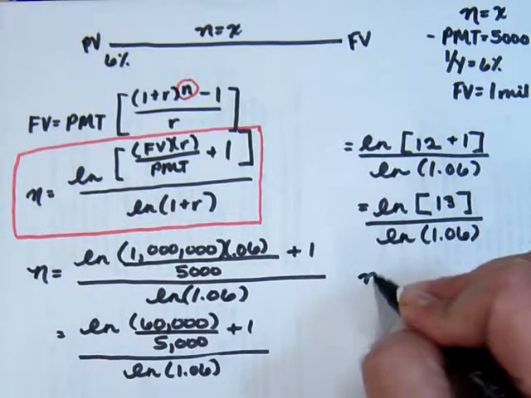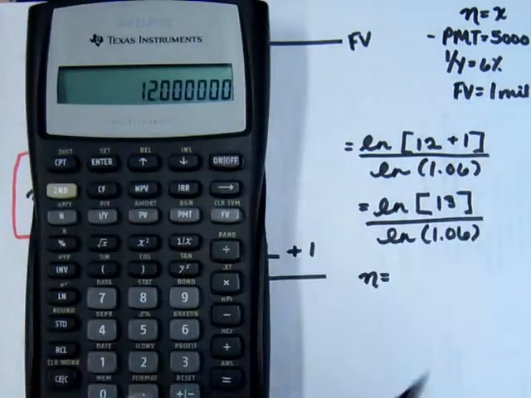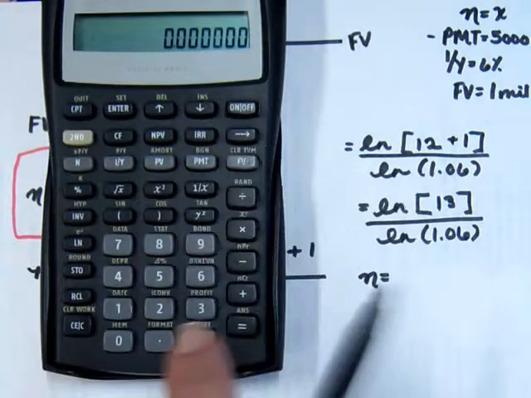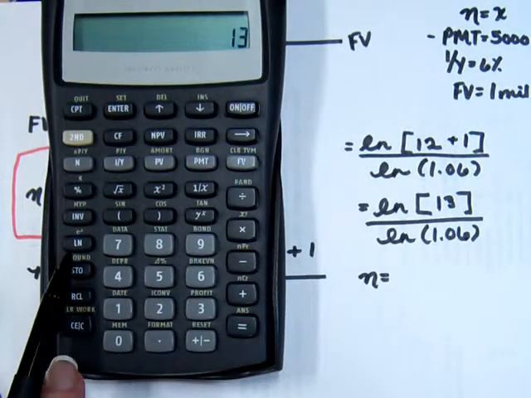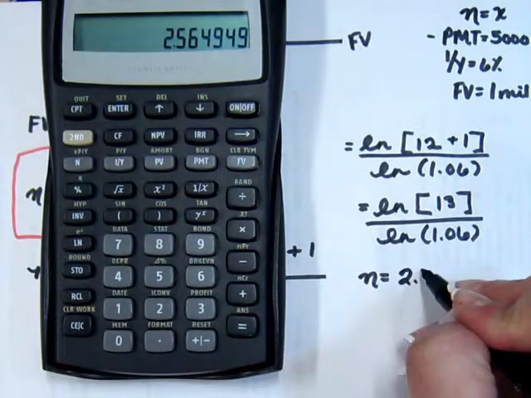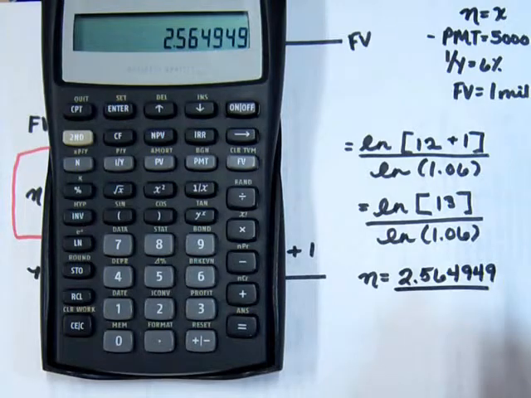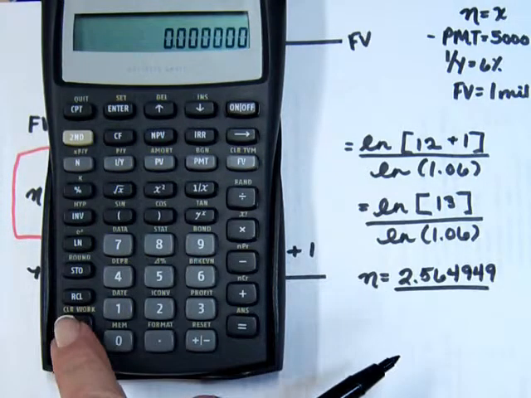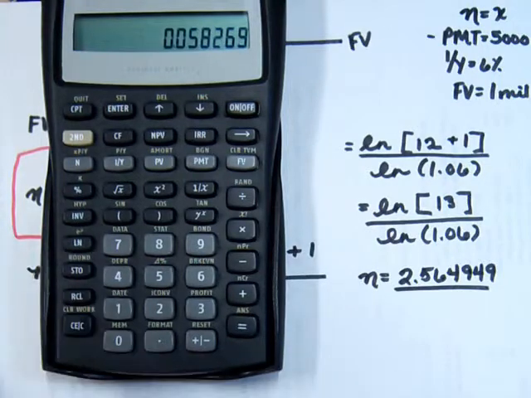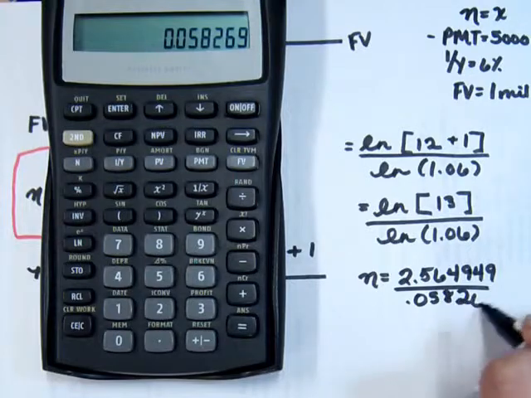Ultimately, when we take the natural log of 13, we enter 13 and push the LN button, and we end up with 2.564949, divided by the natural log of 1.06. Hit the LN button, which gives us 0.058269.